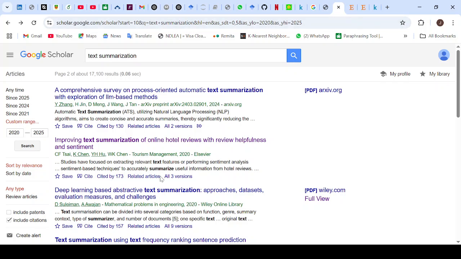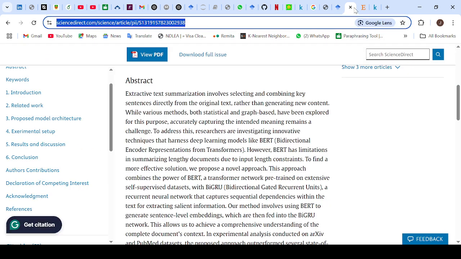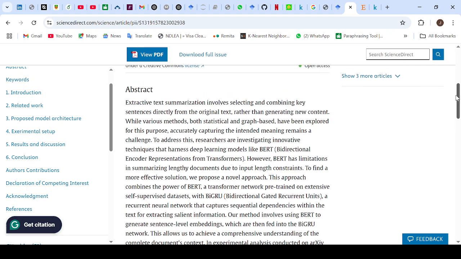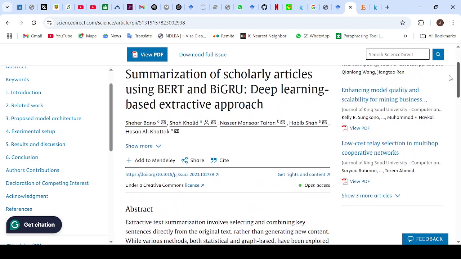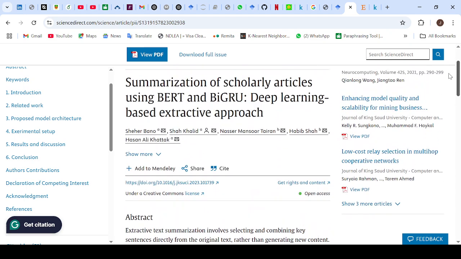If you click here to open this paper, you see the abstract. You can see the full title, Summarization of Scholarly Articles Using BERT, BiGRU.